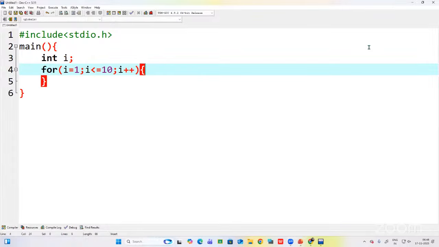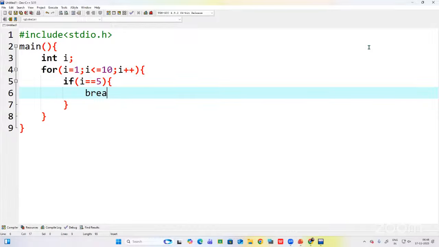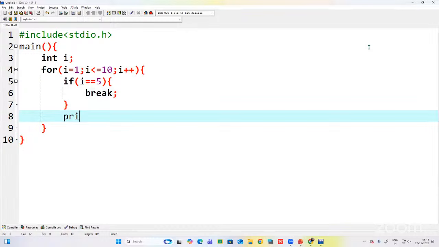I'll run a loop. And if I say if i is equal to 5, I'd ask for it to break. Otherwise, the loop will just print.